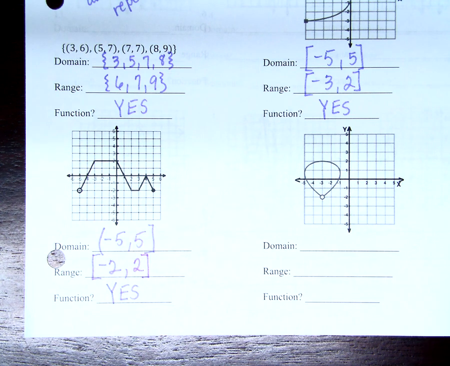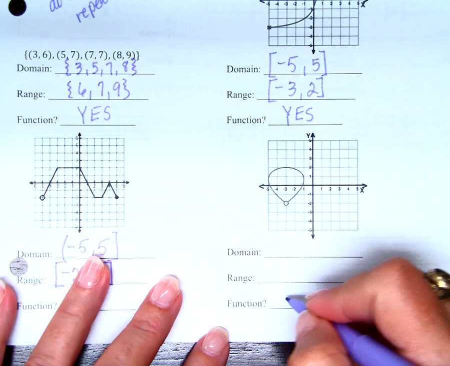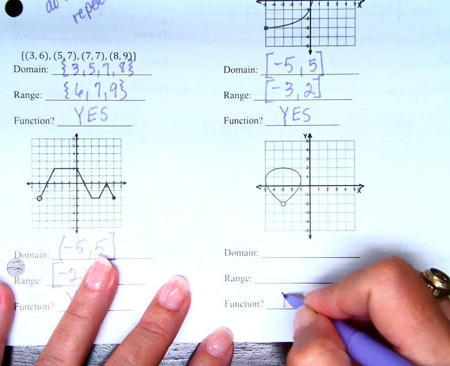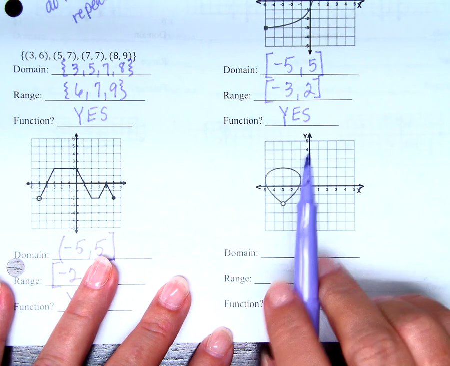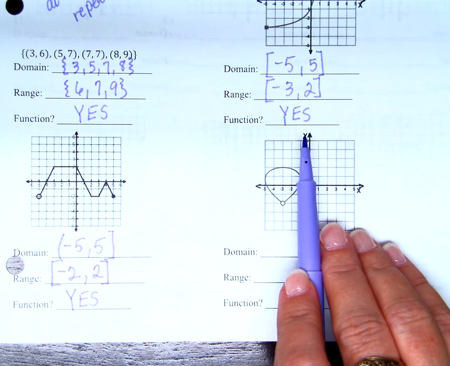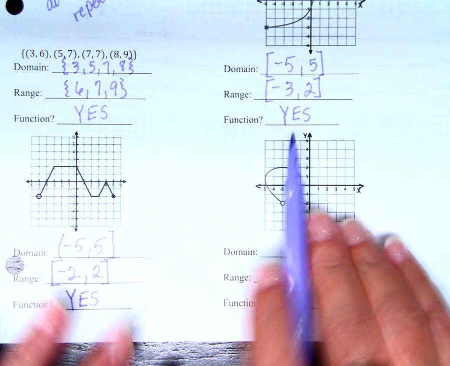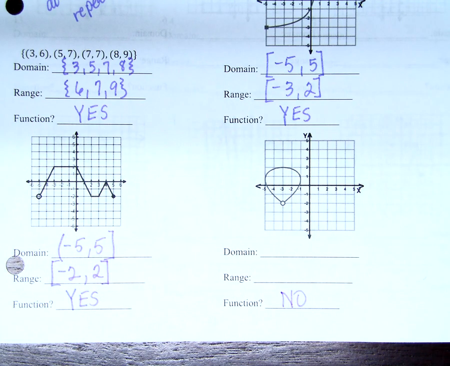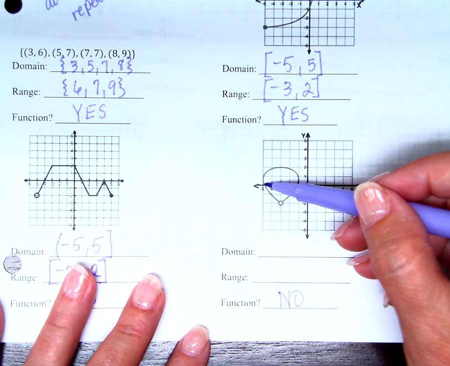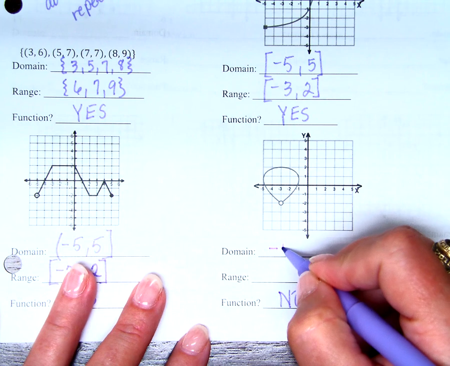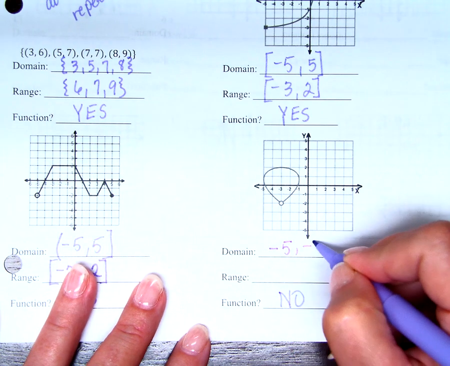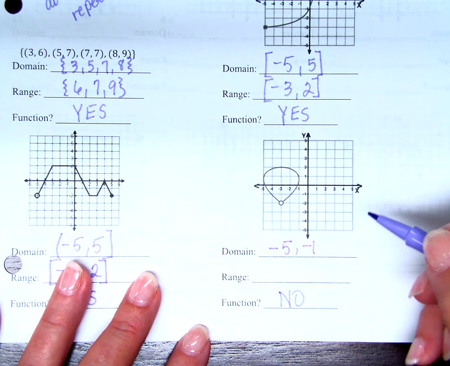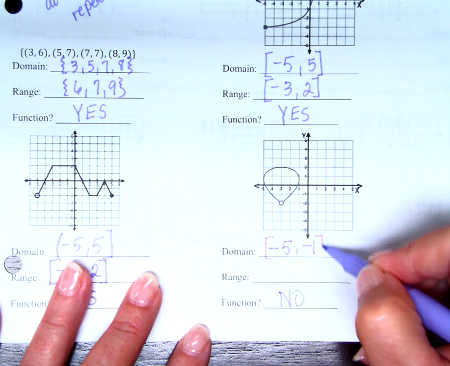The next one is not a function. Are you positive? Good. It does not pass the vertical line test. Okay, so domain: -5 to -1, and they're both brackets. Very good.